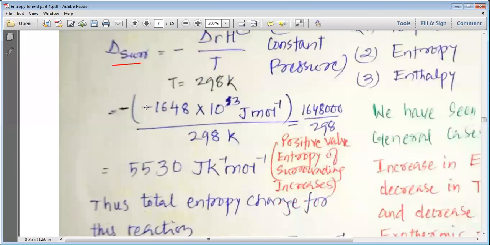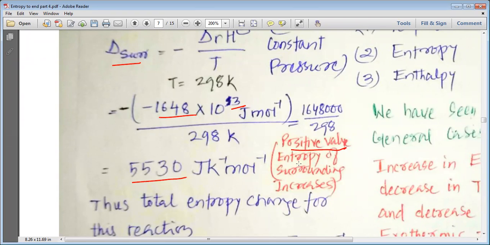So it is minus into minus 1648 multiplied by 10 to the power 3 joule per mole divided by 298, that is 1648000 divided by 298, and thus we get 5530 joule per Kelvin per mole.